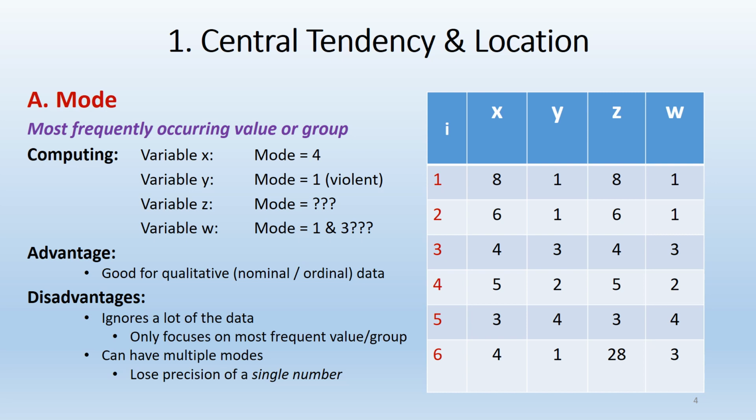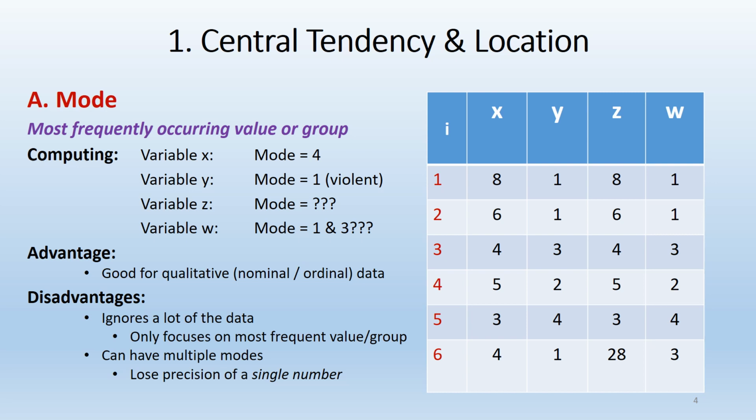There's no single value that stood out as more frequently occurring than any other value. So for variable z, I say mode equals, and I just have a question mark. Because of that, there's a shortcoming to the mode. If there's not one most frequently occurring value or group, it's hard to compute a mode.